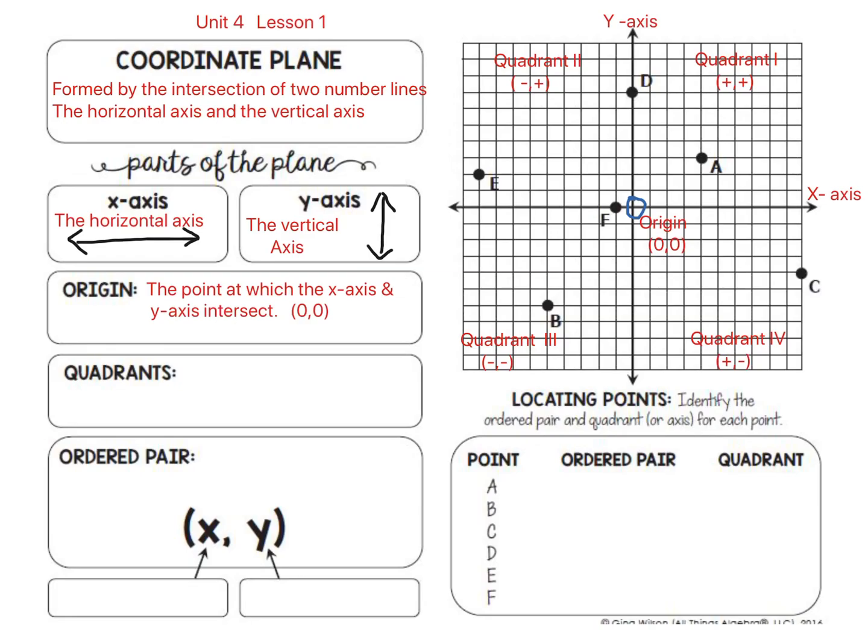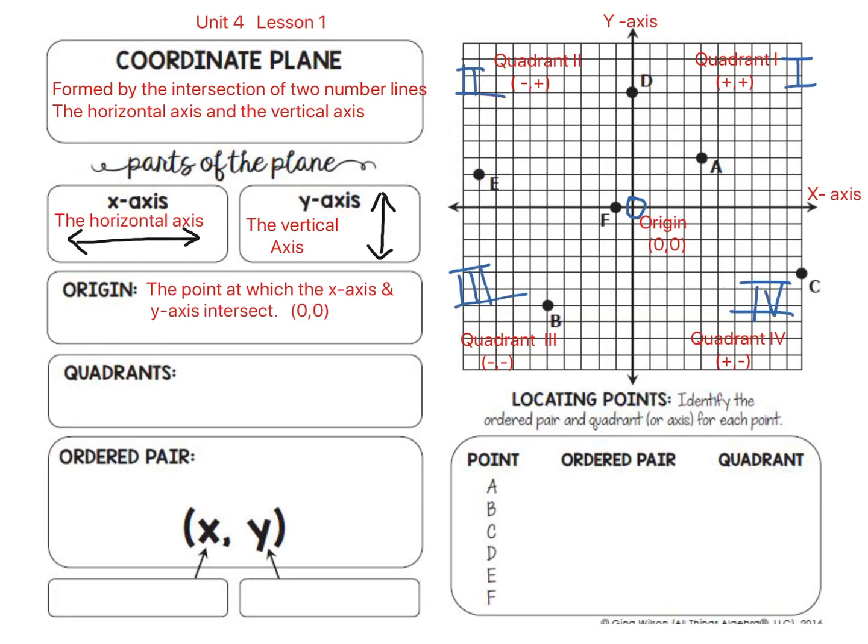Let's look at the quadrants. I did label them already on my picture here. Quadrant 1 starts right here in the upper right-hand corner, all right? And then it goes counterclockwise. So 1, 2, 3, and 4 down here, okay?